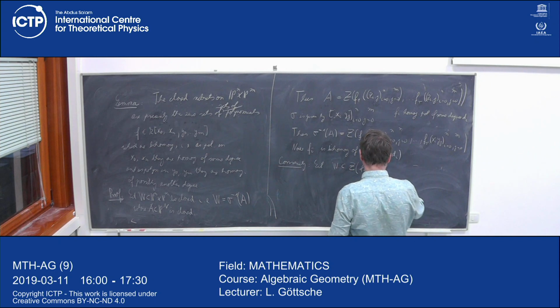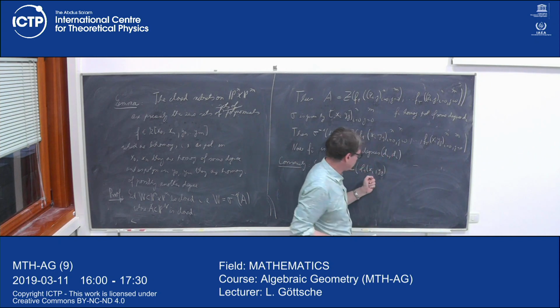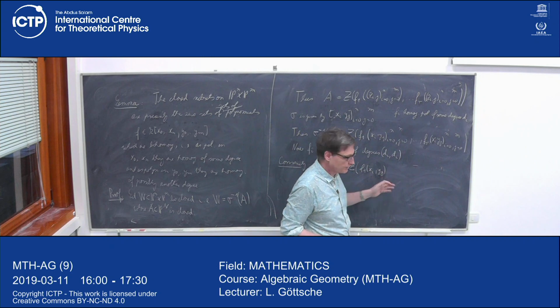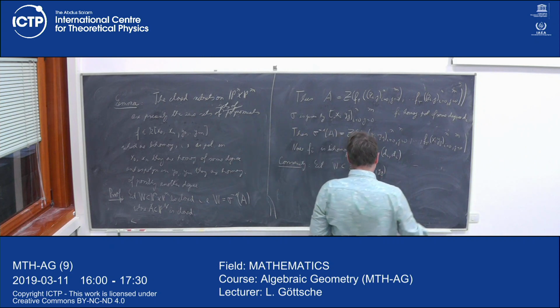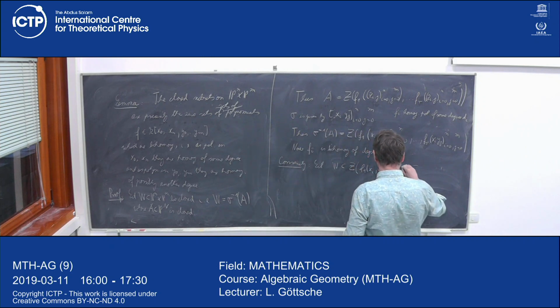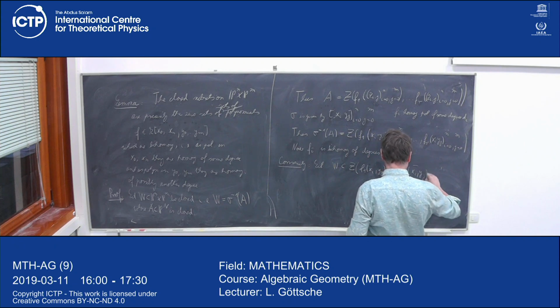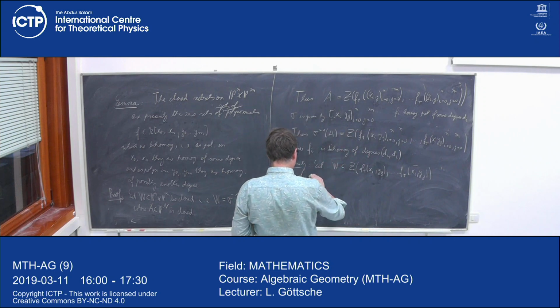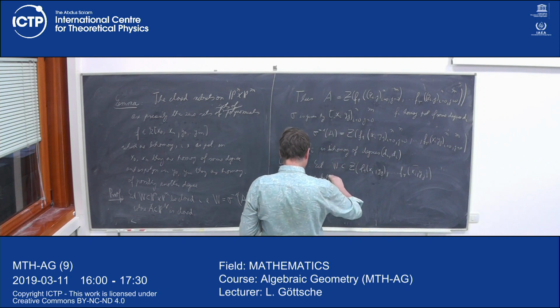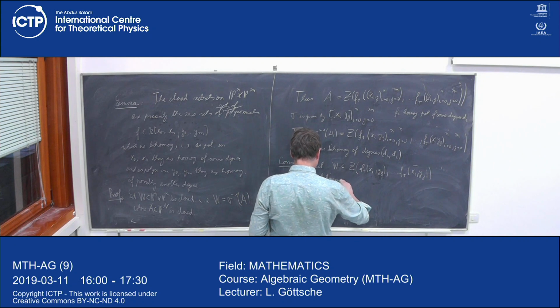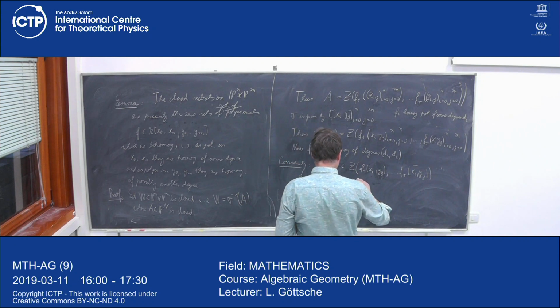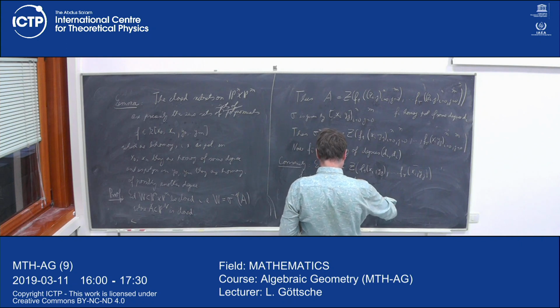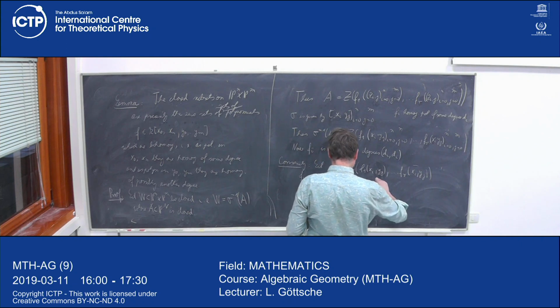So again, remember that i goes from 0 to n, j goes from 0 to n, maybe I don't always write it. Where the fi are bihomogeneous in x and y, in the xi and the yj.